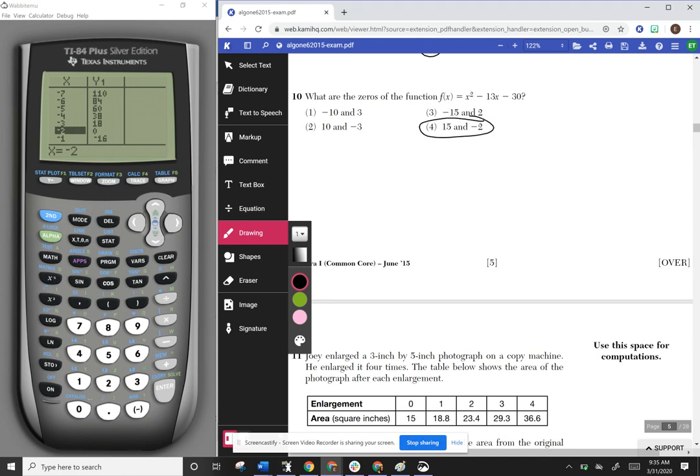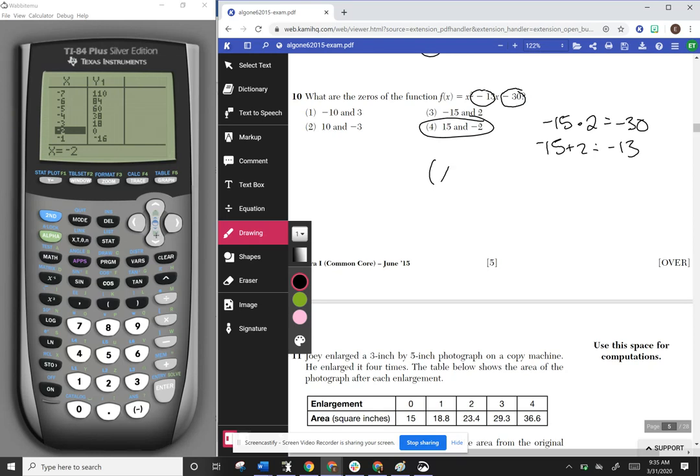If you wanted to do this by factoring as well, you could find the numbers that multiply to -30 and add to -13. In this case, that's going to be -15 times 2, because that equals -30, and -15 plus 2 equals -13.